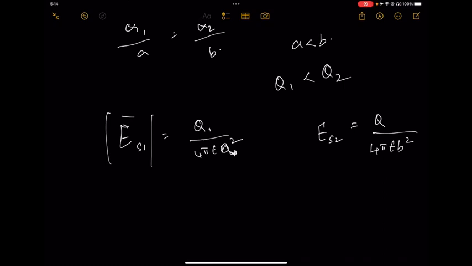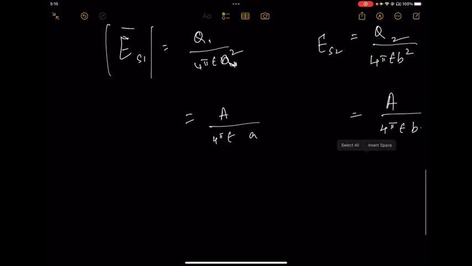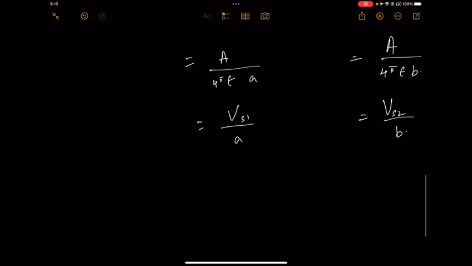We know that Q1 by A and Q2 by B is same. If you say this is a constant capital A, so this will be A by 4 pi epsilon A, this will be A by 4 pi epsilon B, or if you say the whole thing looks like Vs1 by A, Vs2 by B. It looks like Vs1 is same as Vs2.